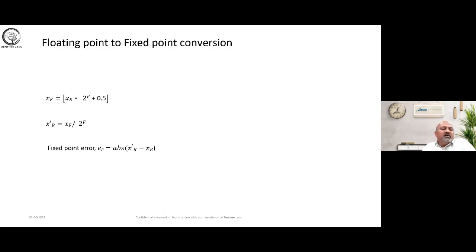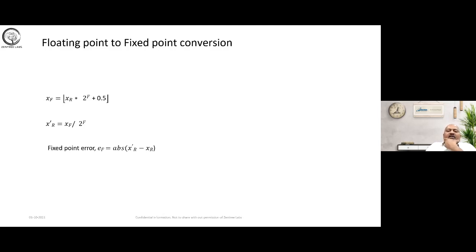And if you want to back convert this fixed point data, divide the fixed point value by 2 to the power of f, where f is the fractional number of bits. So I have xr dash. Then the fixed point error is defined, in general, as the absolute value of the difference between this xr prime minus xr.